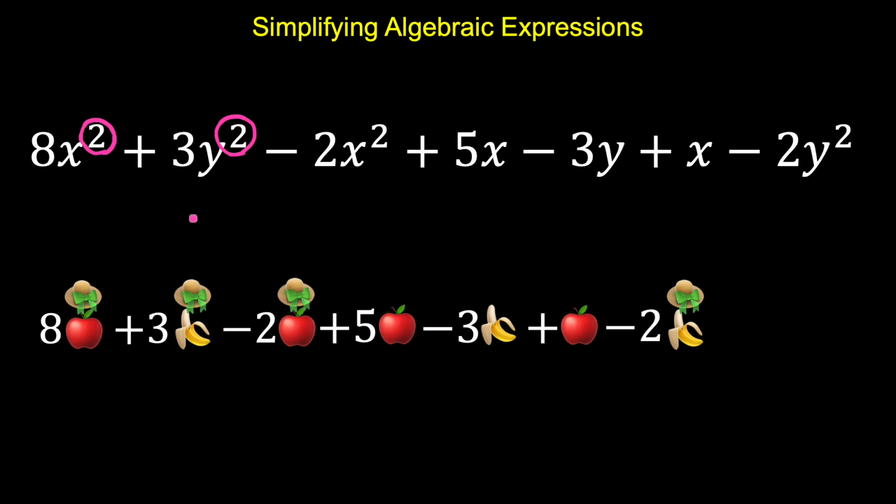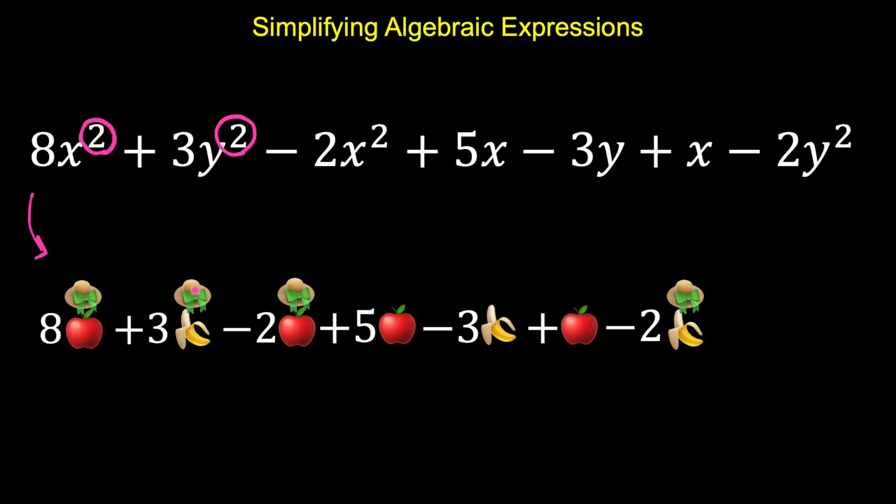Let's imagine the power as a hat for our fruits. So our expression is something like this: 8 apples with hat, because I consider the 2 as a hat, and as you remember, x was apple, so we write 8 apples with hat plus 3y squared.